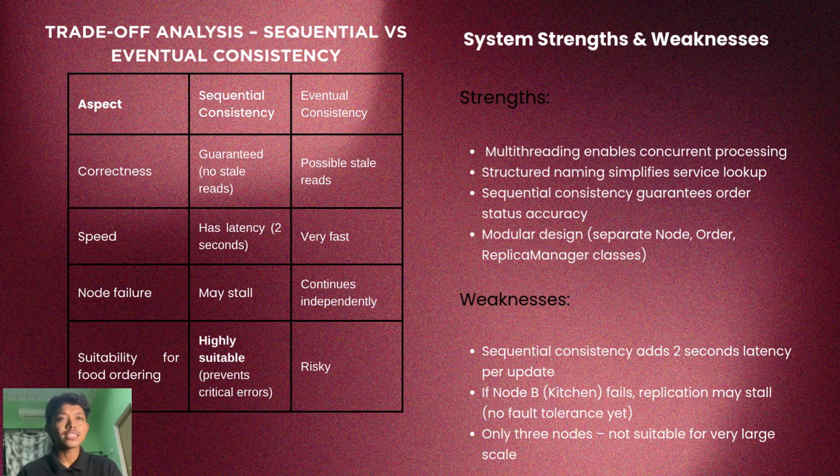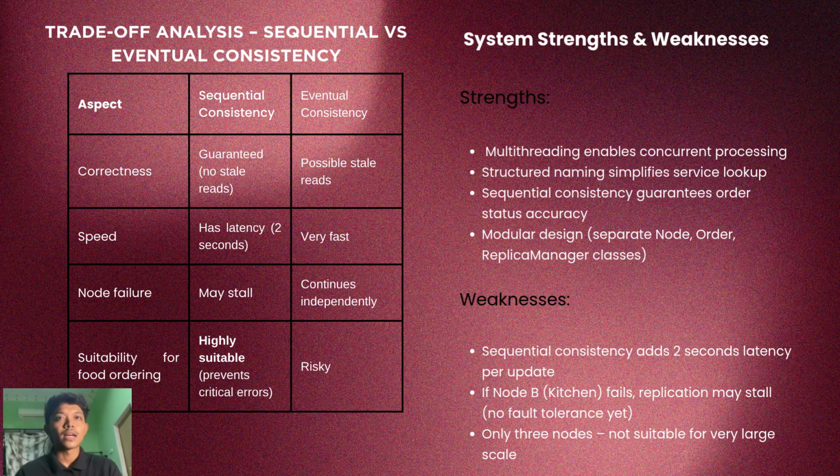For a food ordering system, imagine a customer arriving at the pickup counter before the system has updated the status. That would be a bad experience. Therefore, we choose sequential consistency because correctness is more important than speed. A customer can wait 2 extra seconds rather than being told their food is not ready yet.